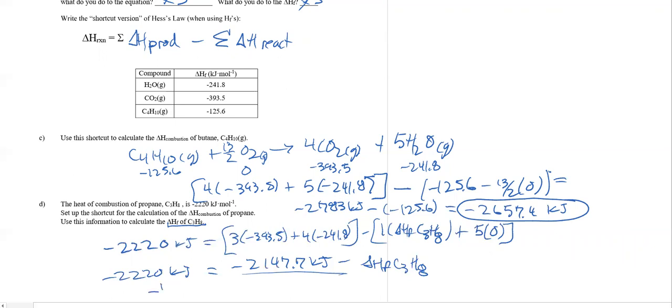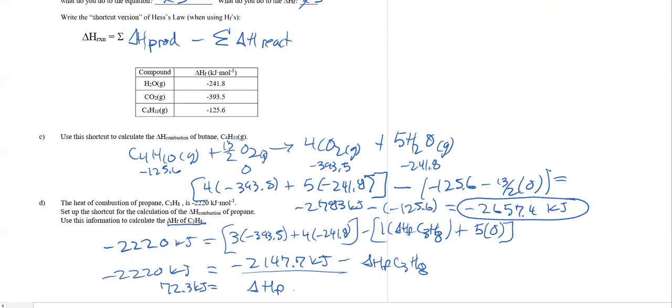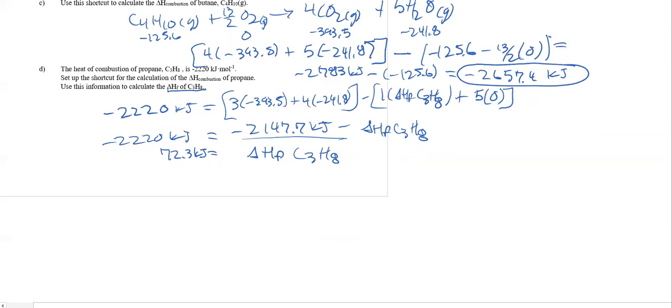This becomes negative 72.3 kilojoules. But remember that that's equal to negative my delta HF. And so I need to flip those signs, and that becomes a positive 72.3 for my C3H8. And that's how you can solve that. Okay, I hope that helps.